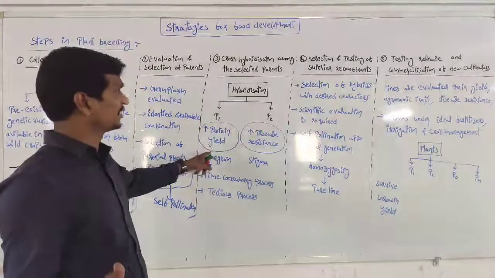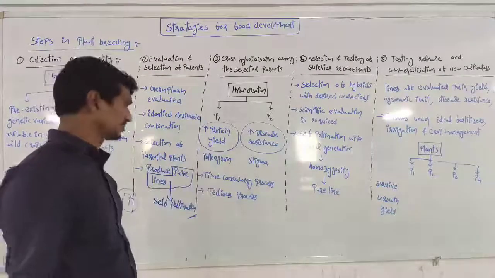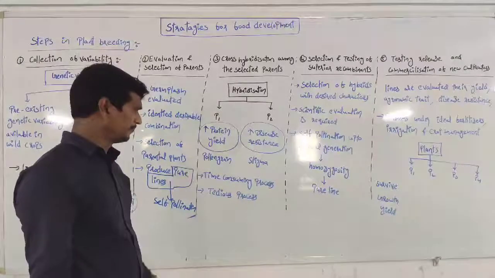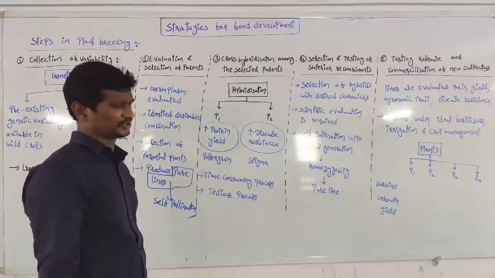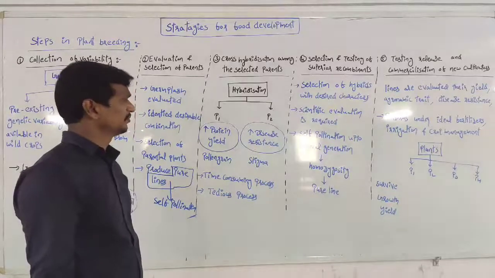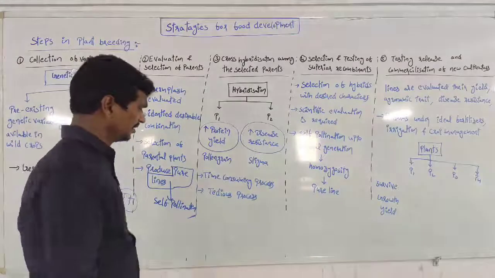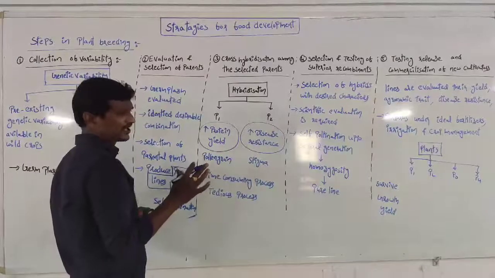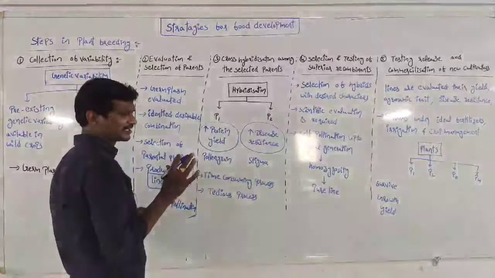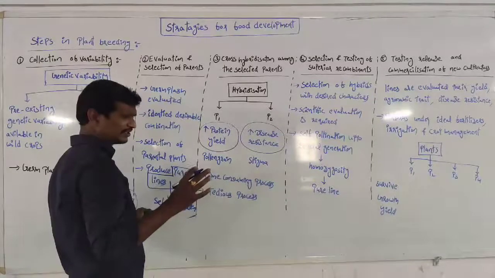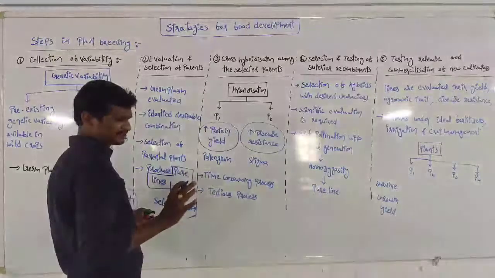All these techniques are applied in the hybridization process, and this is a time-consuming and tedious process. See, for suppose, for the production of a hybridized plant or a desirable character containing plant. See, generally, sir, within how many plants?